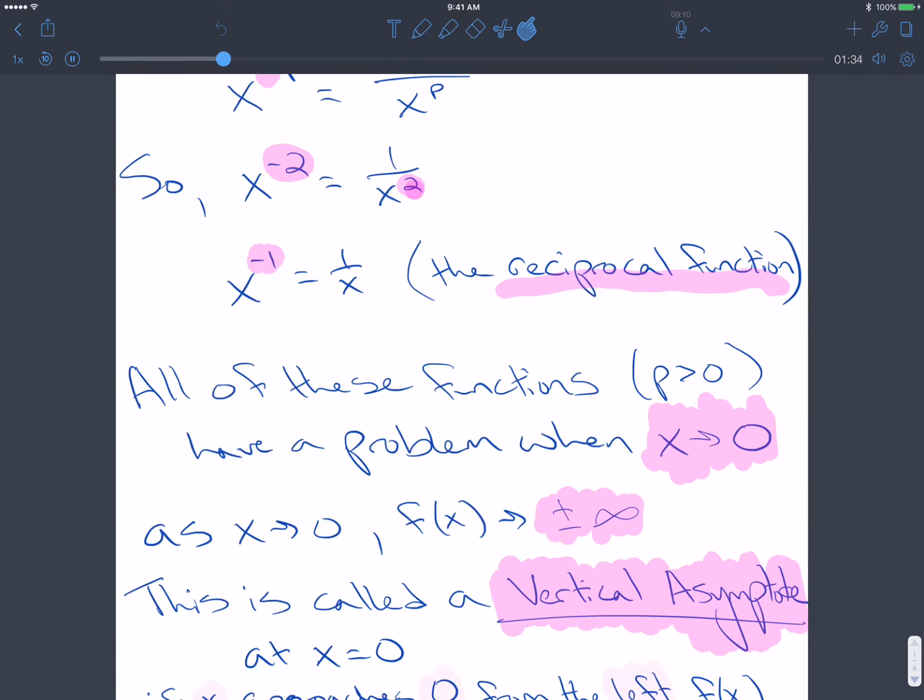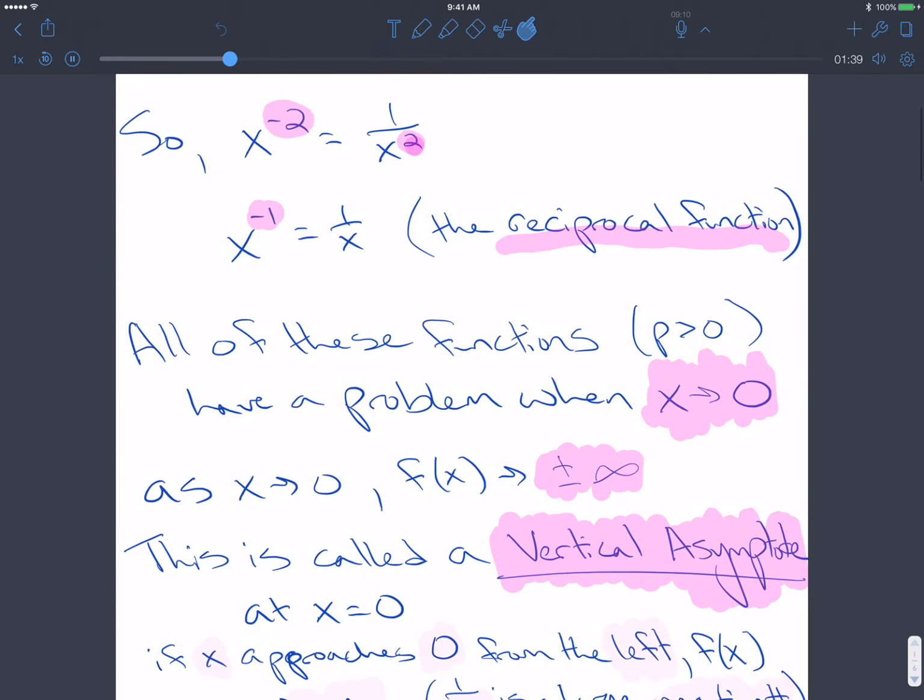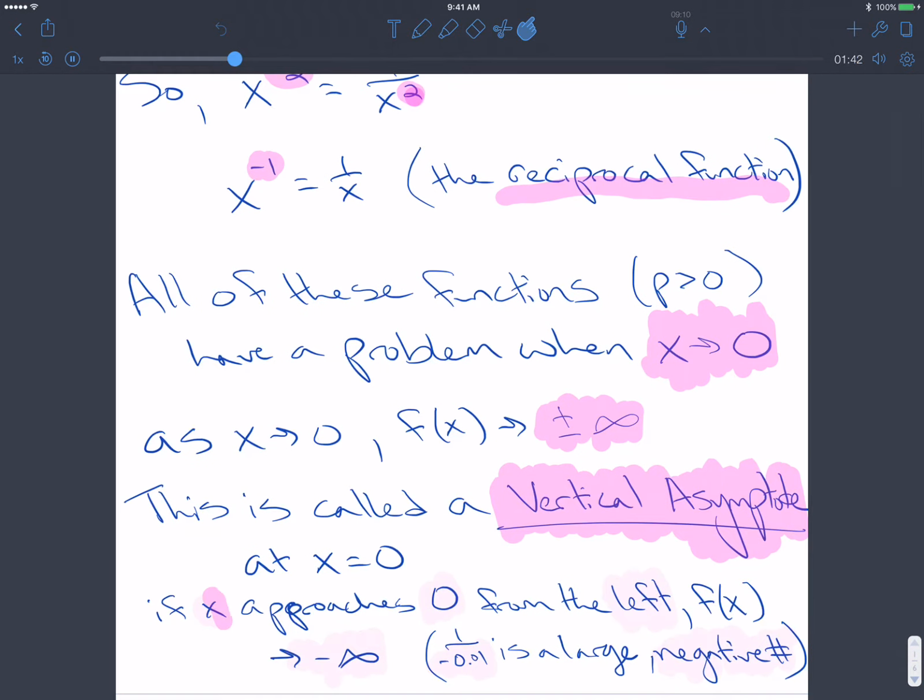So what's happening with these functions depends on the function itself. If we look at the reciprocal function 1 over x, as x approaches 0 from the left side, meaning from the negative side, f of x is going to approach negative infinity because, for example, a small number on the left side close to 0 would be negative 0.01.